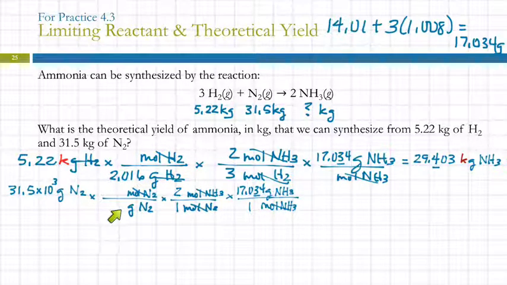And then here, moles of nitrogen and grams of nitrogen, that's 2 times 14.01, 28.02. So I've got 31.5 E3 divided by 28.02 times 2 times 17.034.